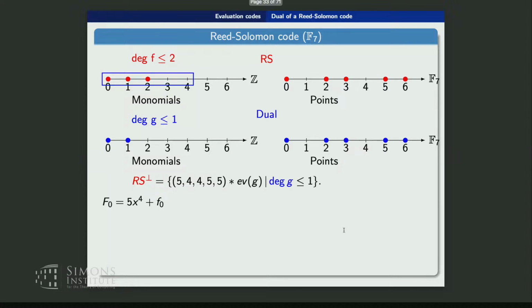And when you do that, the indicator function for this point is given by 5x to the 4th plus something else. I don't care about this something else now. You can find the indicator function for the element 2, and it has the shape of 4x to the 4th plus something else. And now you can imagine the leading coefficients of the rest of the indicator functions, right?